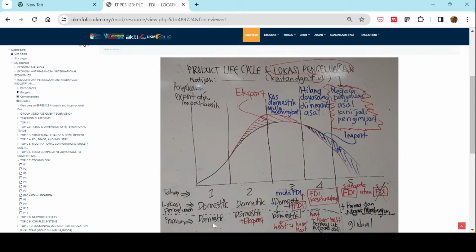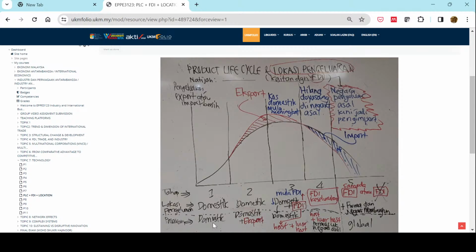So the market is both domestic and exports overseas. So here's the total production. This is the consumption, and the extra is exported. So stage 2, production still locally in the US, and now they began to be exported.